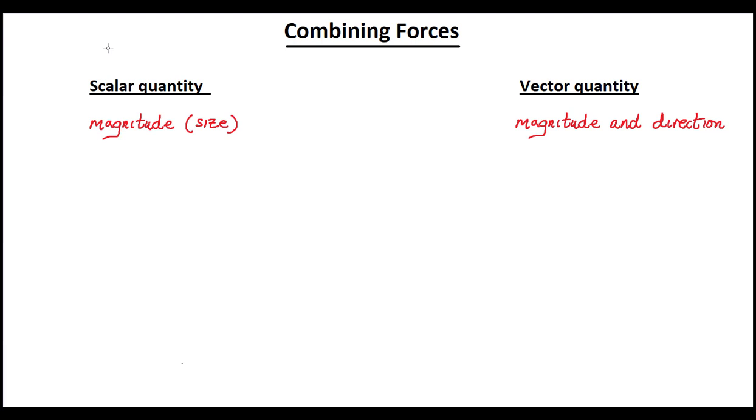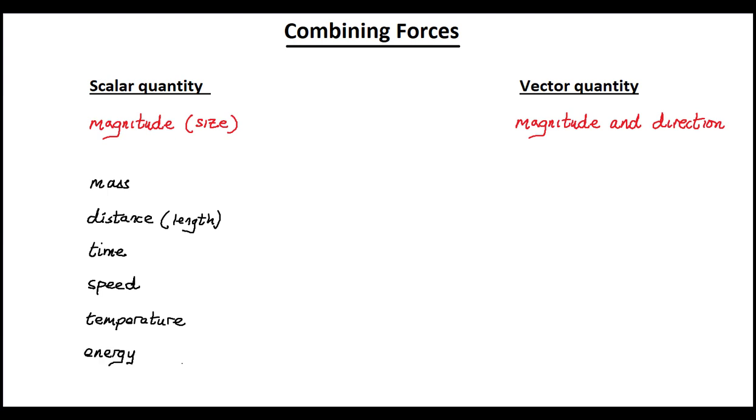Let's have a quick look at some examples of scalar quantities, some of which you'll be very familiar with. For example, we have mass, distance or length, time, speed, temperature and energy. They're all examples of scalar quantities.